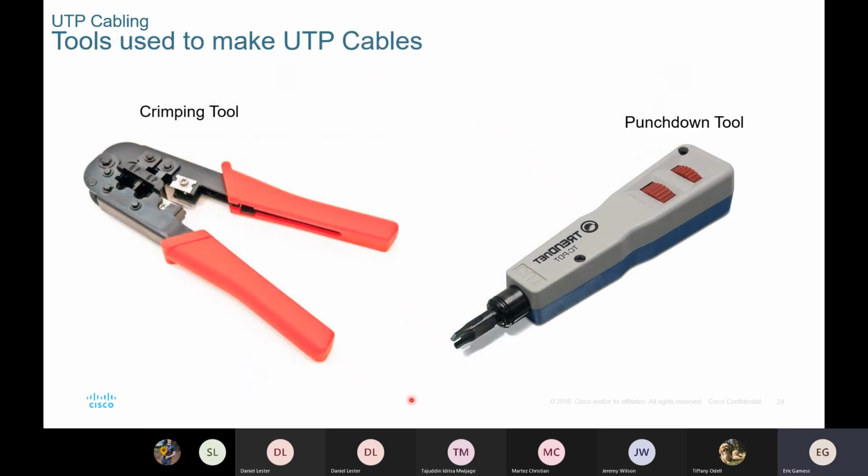Okay, those are the tools that we use when we cable a place. This is called a crimping tool. You see here, there is a space where you will put the RJ45 connector.